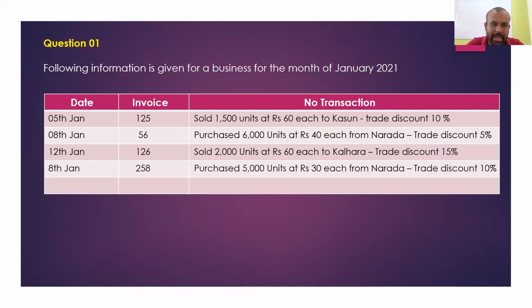Okay, I asked you to make it 18 January. On 18 January you made a credit purchase from Nadun under invoice number 258.